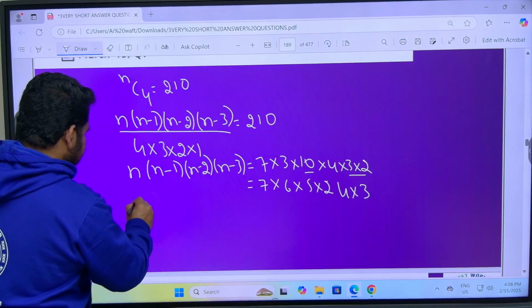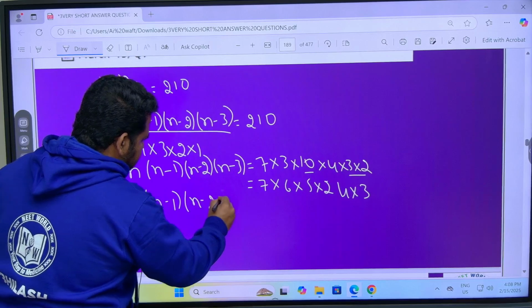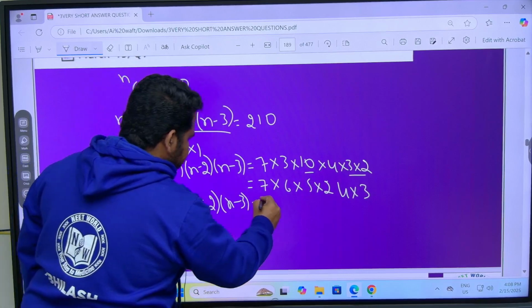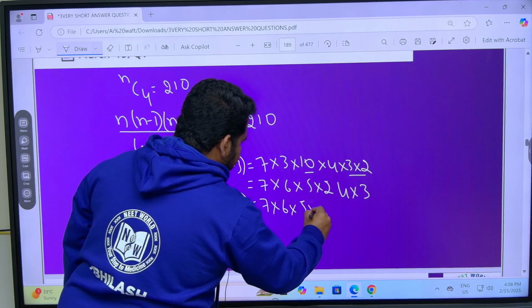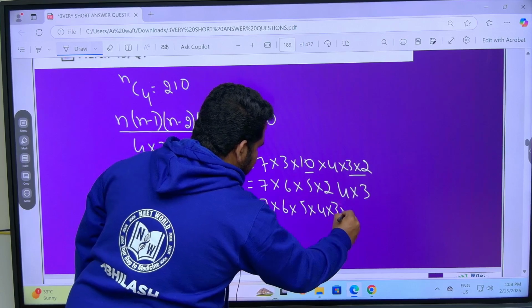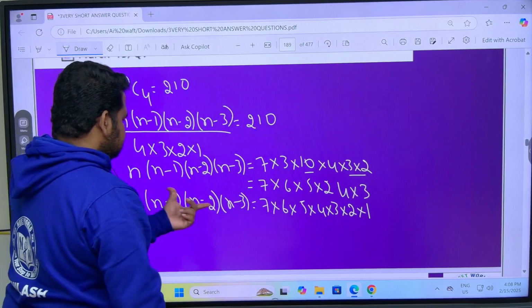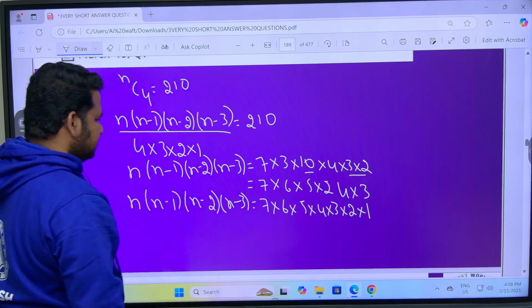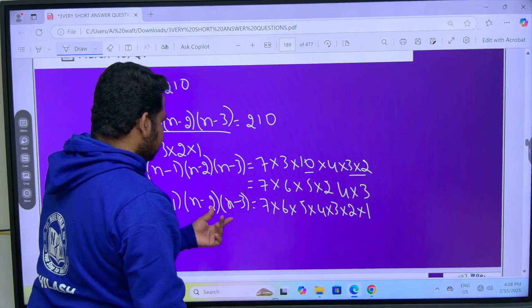So n into n minus 1 into n minus 2 into n minus 3, if I rearrange it, will be equal to 7 into 6 into 5 into 4. So n is equal to 7, n minus 1 is equal to 6, n minus 2 is equal to 5, n minus 3 is equal to 4.